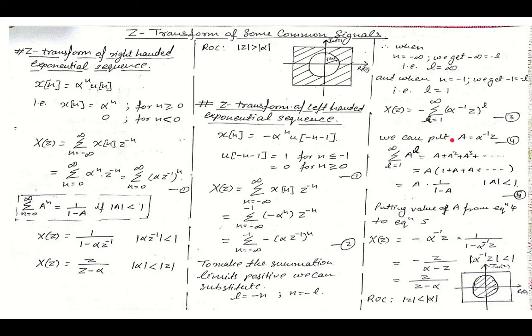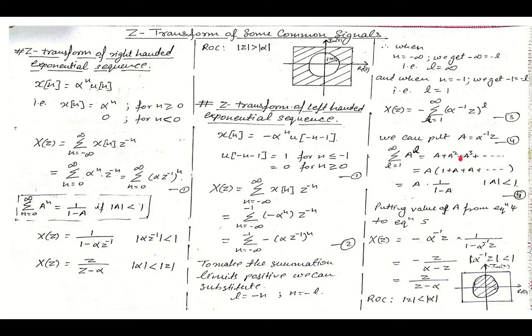Now as previously, we can say that this alpha to the power minus 1 into z has a value of a. Now if I have the sum over L equal to 1 to infinity of a to the power L, if I expand this, it will give me a plus a square plus a cube plus so on. Now if I take a common from this, it will give me a into 1 plus, now I have taken a common from here, so it will give me a.